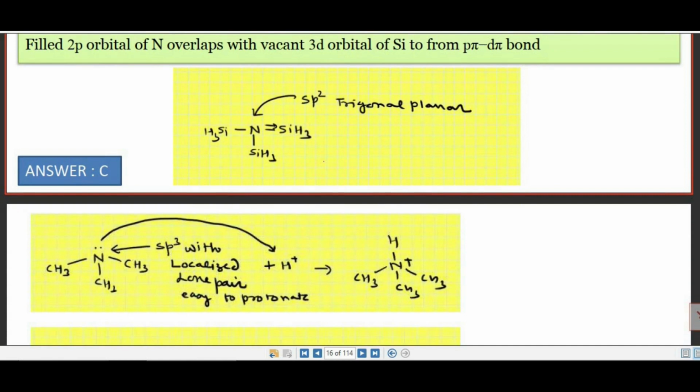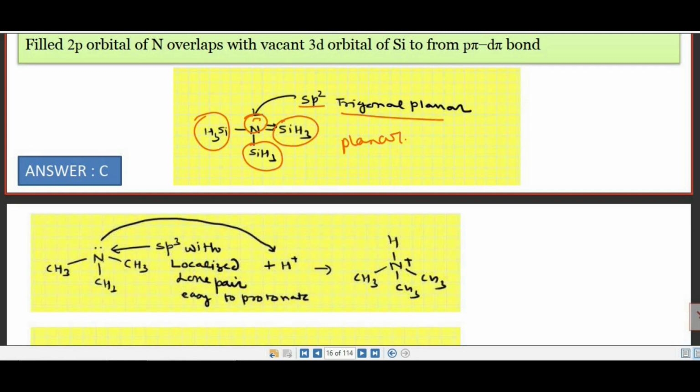Here you see, the nitrogen is sp2 hybridized in N(SiH3)3. So this is having a planar geometry. It is not pyramidal or tetrahedral, it is planar, a trigonal planar.